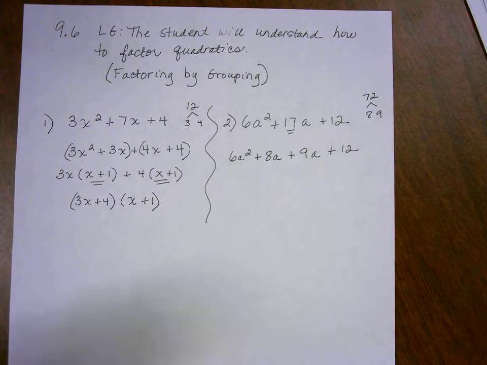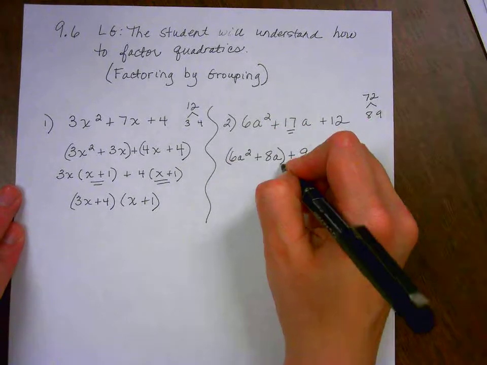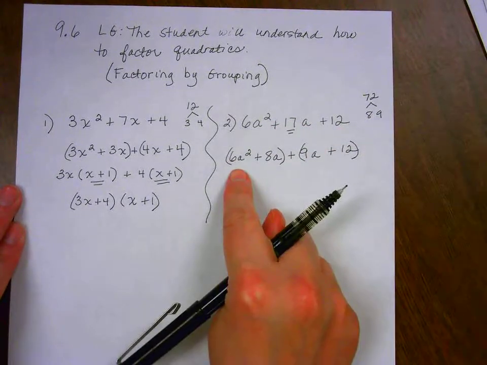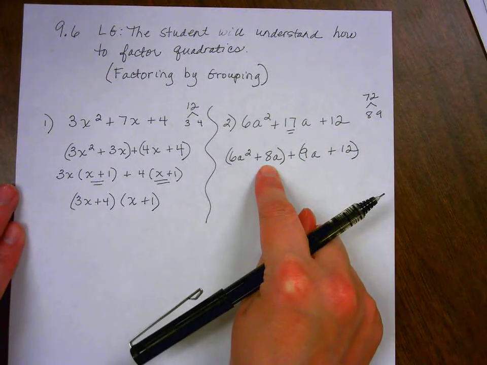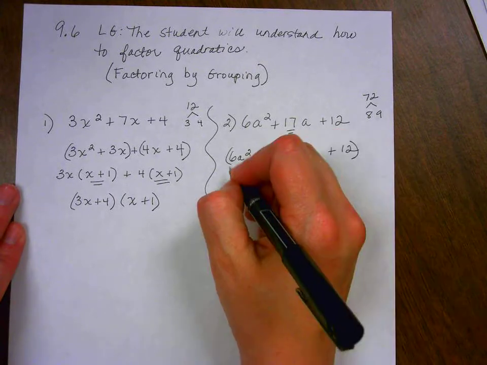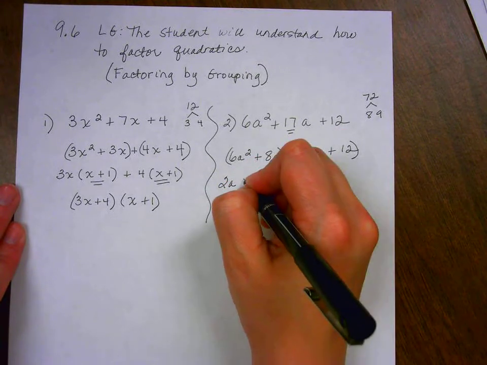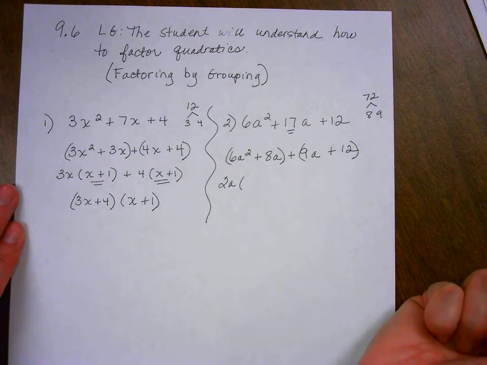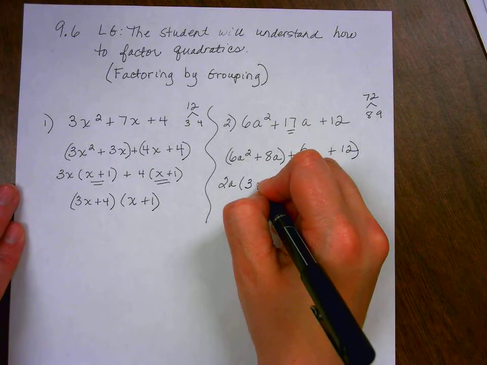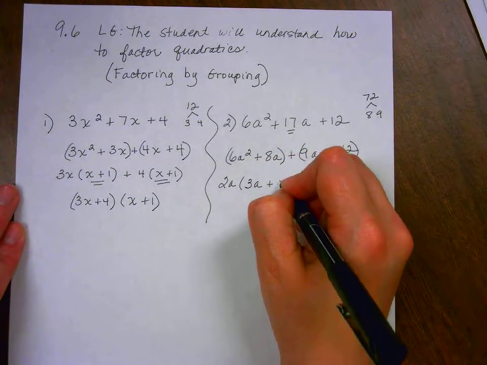And then I'm going to group them. So group, group. And the greatest common factor here would be 2 and an a. So then I'm left with 3a plus 4.